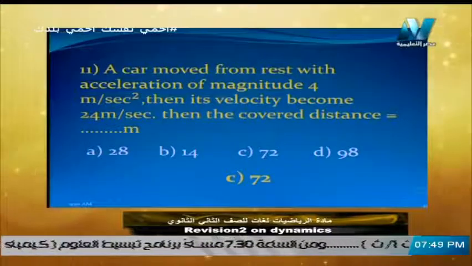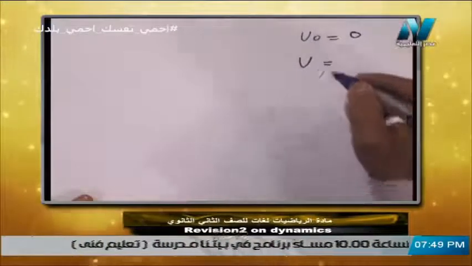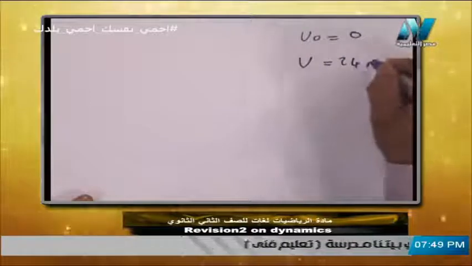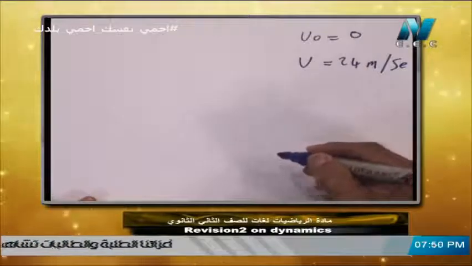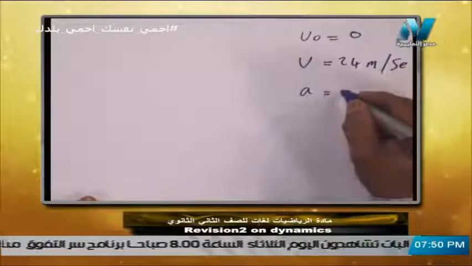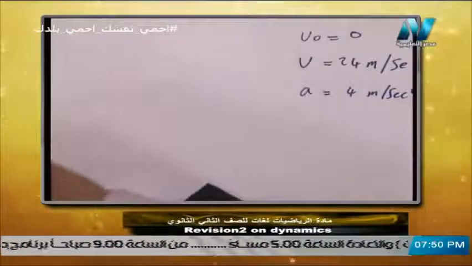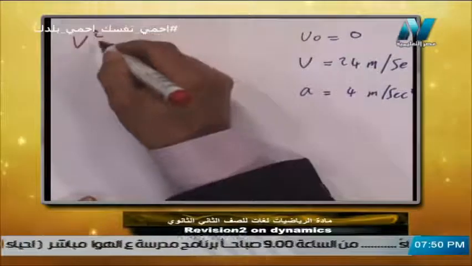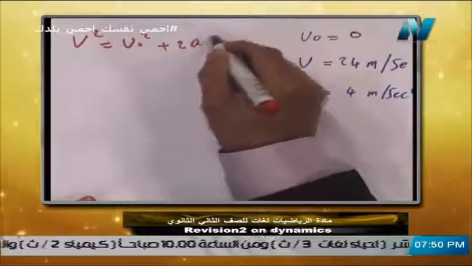We have here V naught equals 0, as he said. V, which is the final velocity, equals 24 meter per second. The covered distance is what we want, and acceleration of course equals 4 meter per second squared. Okay, by applying the rule, V power 2 equals V naught power 2 plus 2aS.